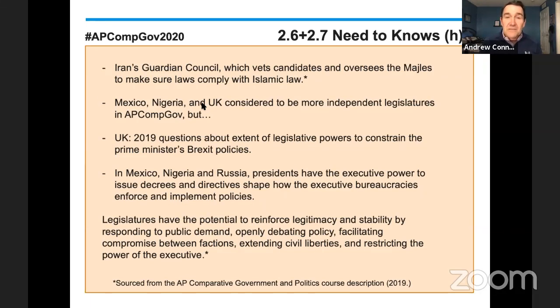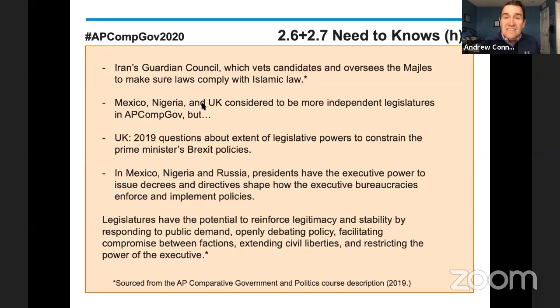So look no further than the United Kingdom. We know that typically the House of Commons approves policies from the Prime Minister, since the Prime Minister is the leader of the majority party of the House of Commons. But in 2019, it was really tricky for Boris Johnson to get Brexit policies through. He was actually considering just using the executive authority of the Prime Minister to get those policies through.